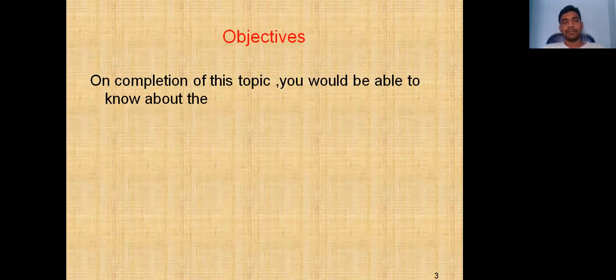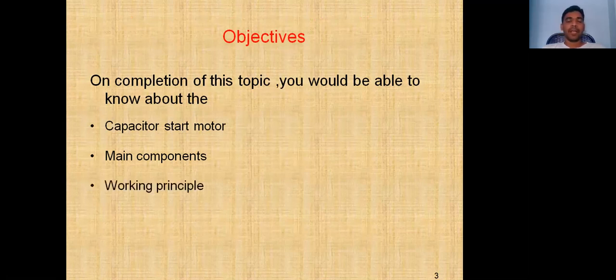On completion of this topic, you will be able to know what a capacitor start motor is, the main components of the capacitor start motor, the working principle of the capacitor start motor, and the applications of the capacitor start motor.